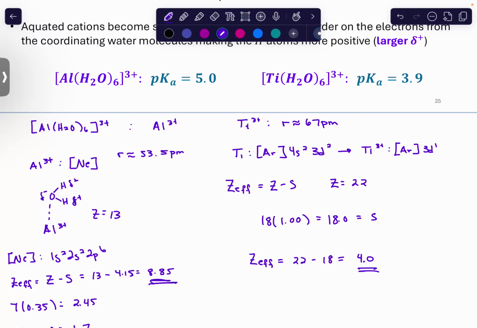Oh, okay. So that's the difference here. With the aluminum and your main group metals, you're only getting this electrostatic interaction because that noble gas configuration is not going to take any more electrons. Like you said, it's happy. This wide open D subshell is going to start accepting bonds from the water.